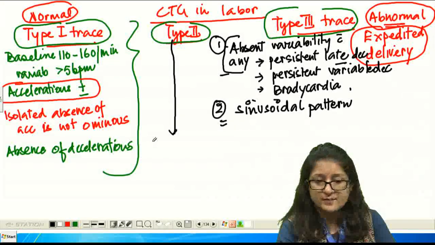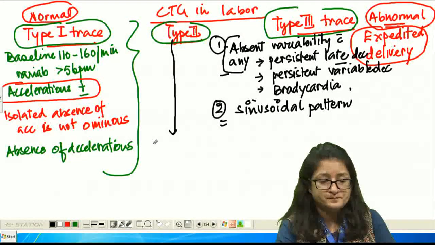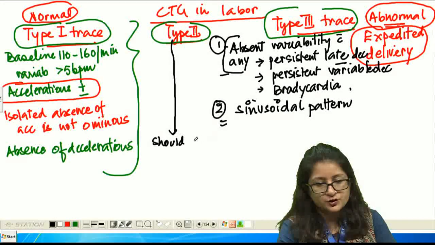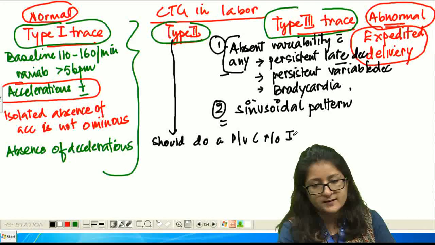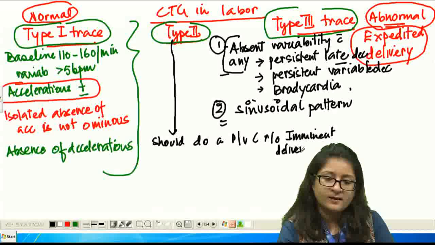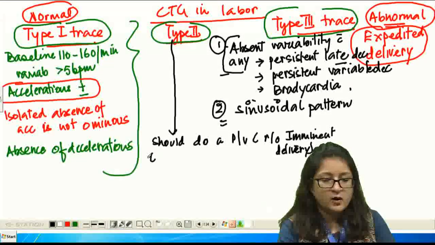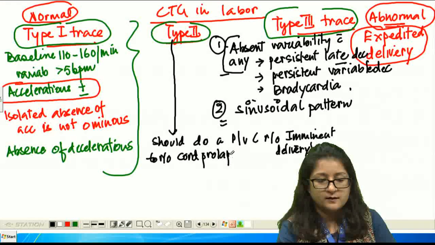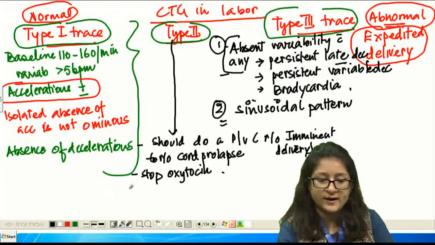So whenever there is type 2, we should do a PV, to rule out an imminent delivery, or to rule out a cord prolapse. We should stop oxytocin. Maybe it is excessive contractions.